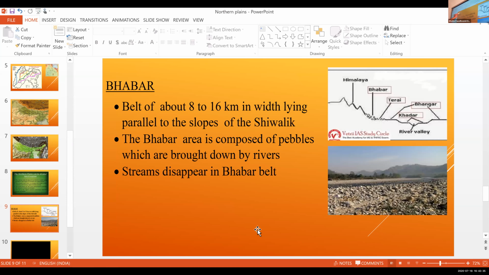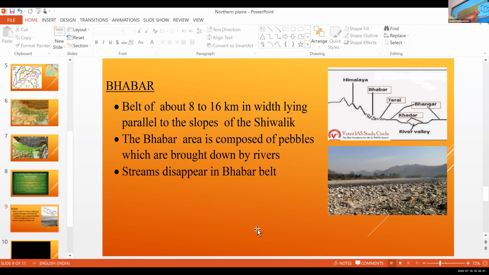First one is Babar. Babar is lying parallel to the Shivalik. Here you can see Shivalik. Right? See the Himalayan mountains. At the foothills, we have Babar. It's a narrow area of pebbles and stones.